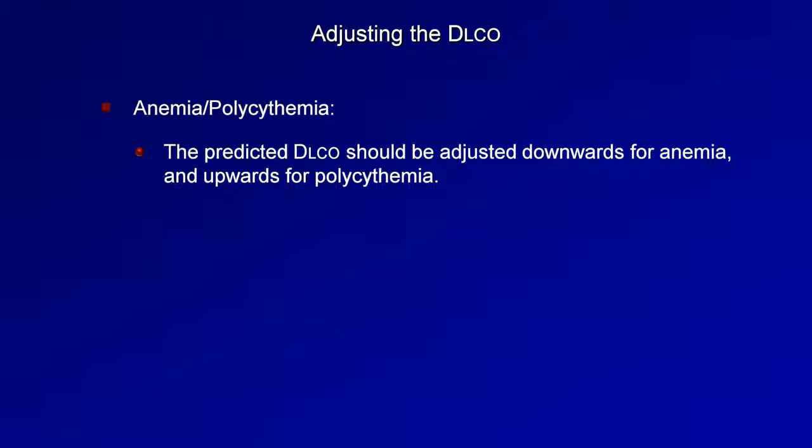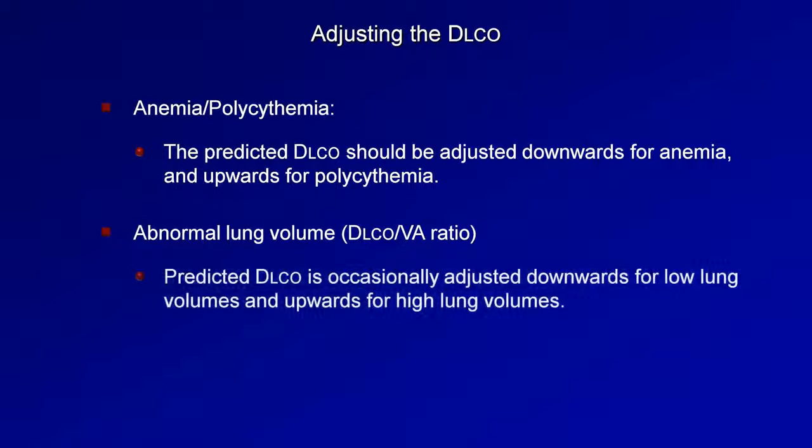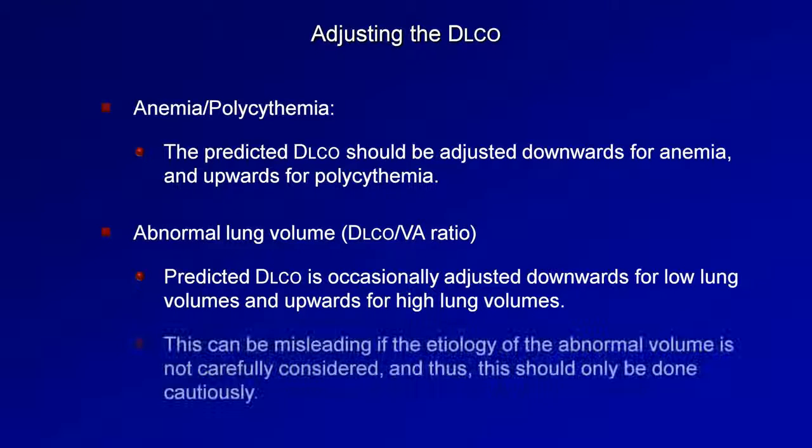The predicted DLCO is also occasionally adjusted to abnormal lung volumes, creating something called the DLCO to ventilation ratio. This adjusts the DLCO downward for low lung volumes and upwards for high lung volumes. Unfortunately, this adjustment can be misleading if the etiology of the abnormal volume is not carefully considered, and thus this should only be done cautiously and is usually not necessary.